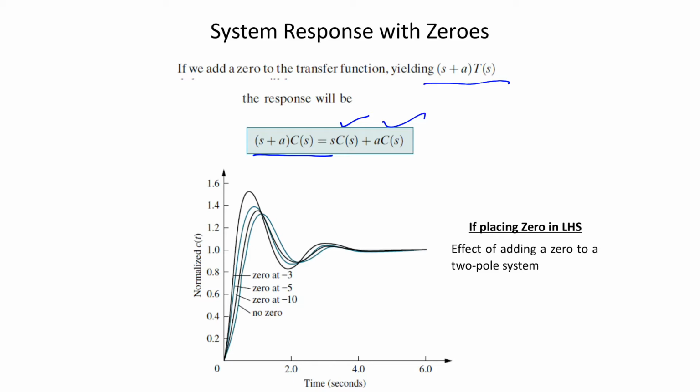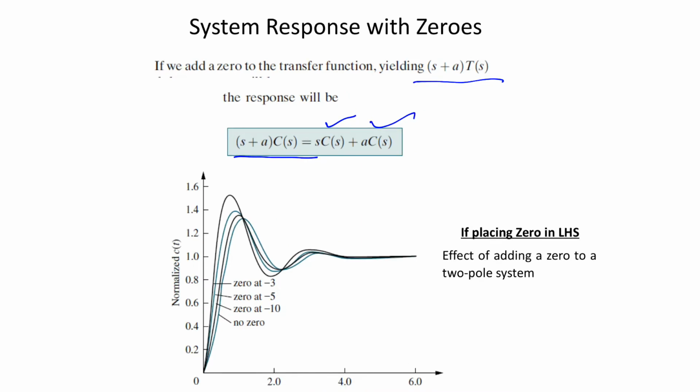In this case, the response of the system consists of two components: the derivative of the original response, which is sC(s), and a scaled version of the original response, which is aC(s).